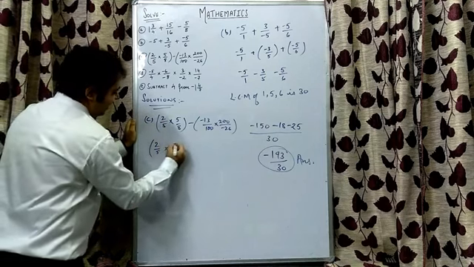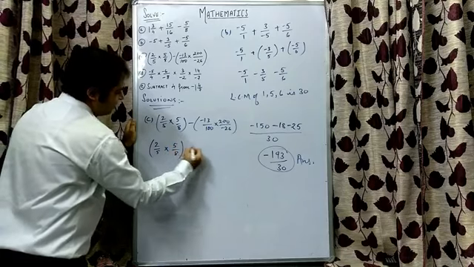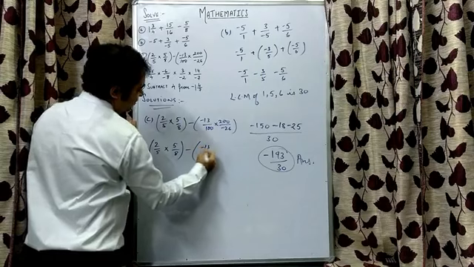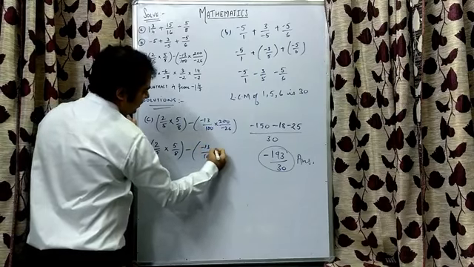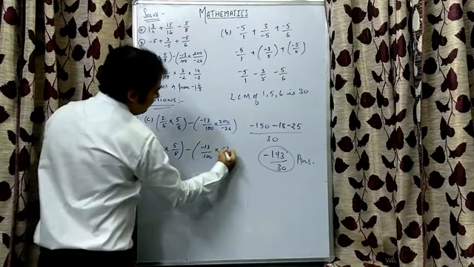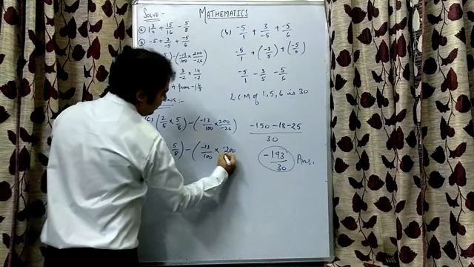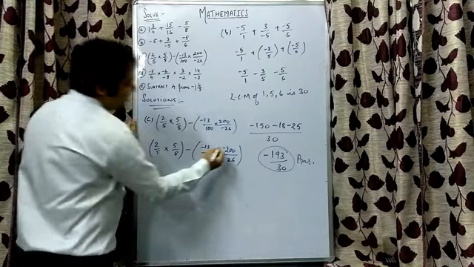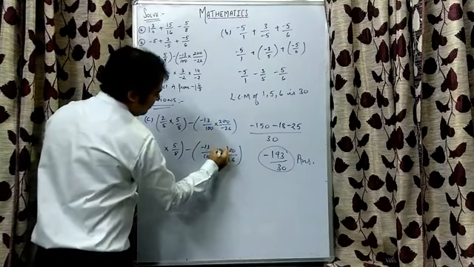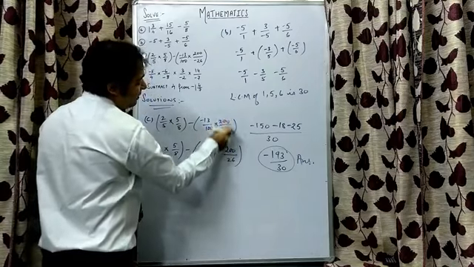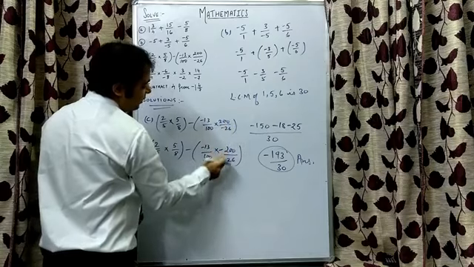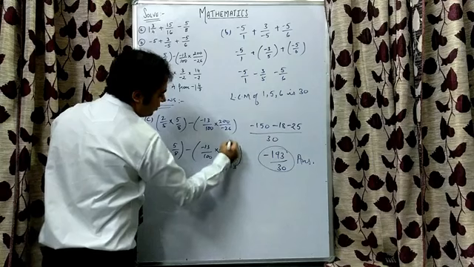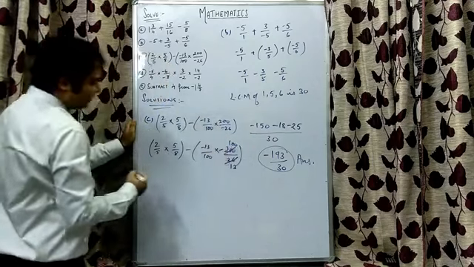Into 5 by 8, yes. Minus 13 by 100 is also in standard form. Into, this will become minus 200 by 26, right? Minus sign, I have multiplied both numerator and denominator by minus 1. It will become minus 200 by 26. I can further cancel it as 2 13s are 26, 2 hundreds are 200, right?